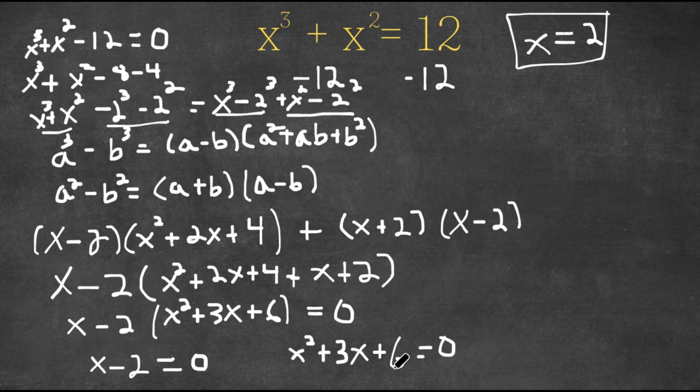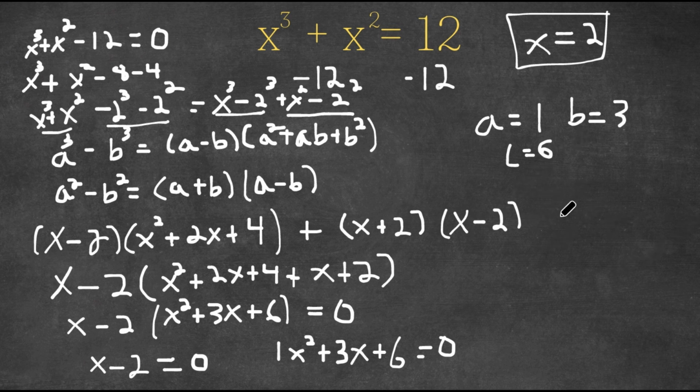Now for x squared plus 3x plus 6, we're going to be using the quadratic formula. So a is 1 because the coefficient of our first term is 1. B is 3. And C is 6.